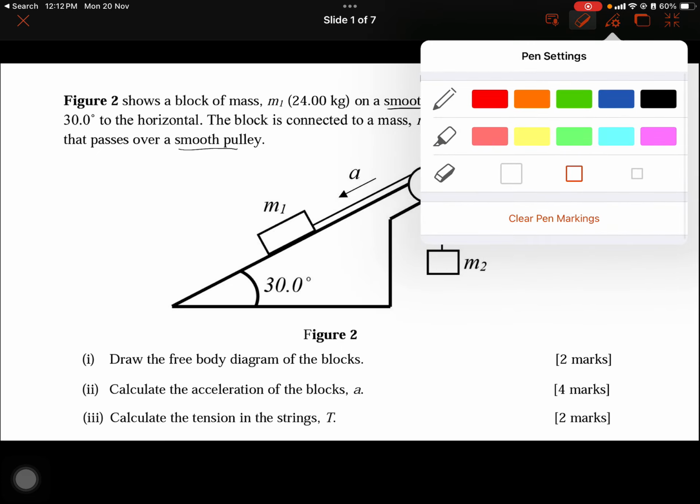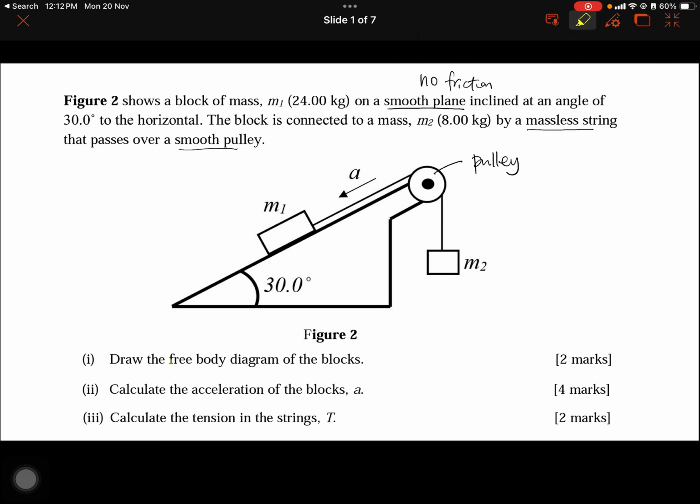As always, the question will ask you to draw the free body diagram of the two blocks, then ask what is going to be the acceleration of the block, and last but not least the tension in the string. For the first question, drawing the free body diagram is important because we're going to write down our equation based on the free body diagram.